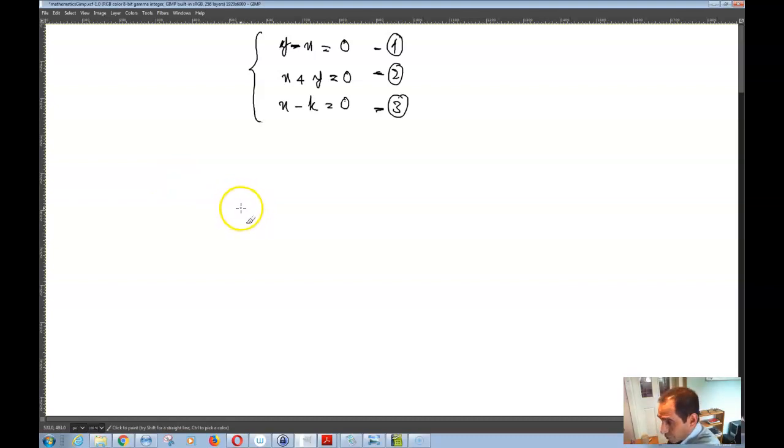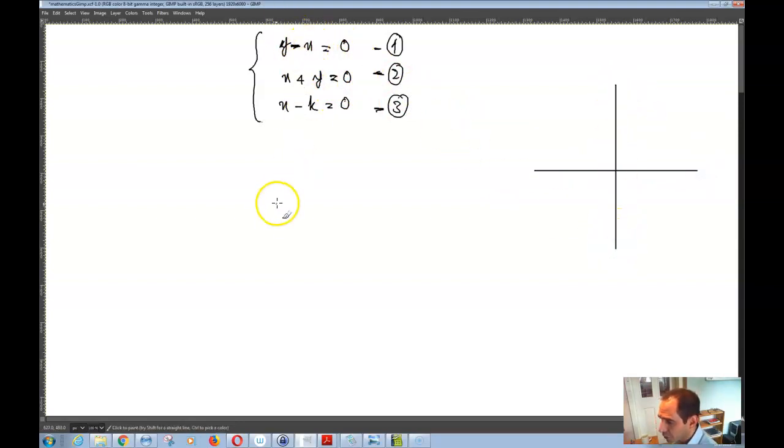Okay, but now back to this problem. The lines that I have over here, I have to find... most of the time it's easier to have a visual understanding of the problem.